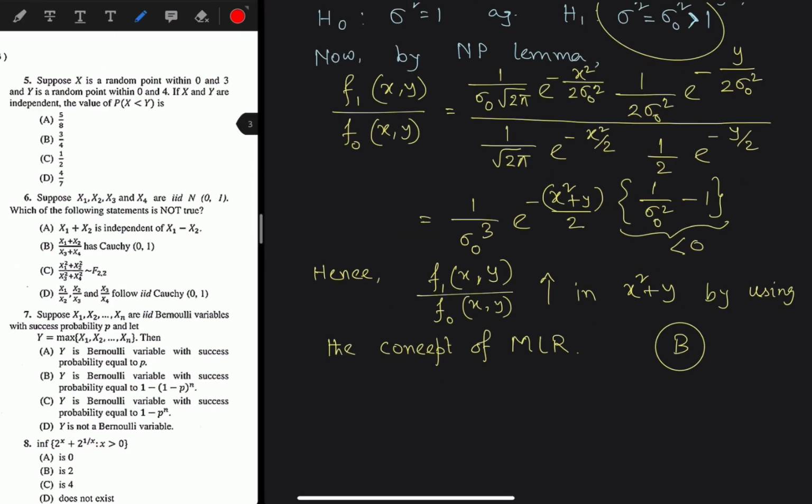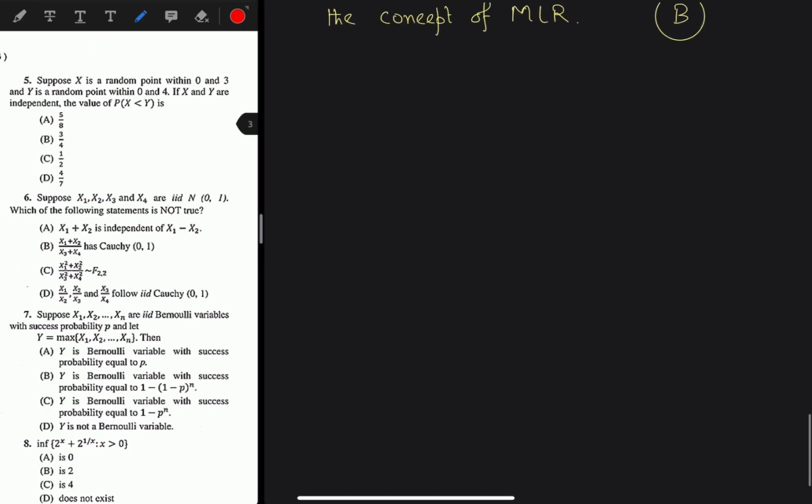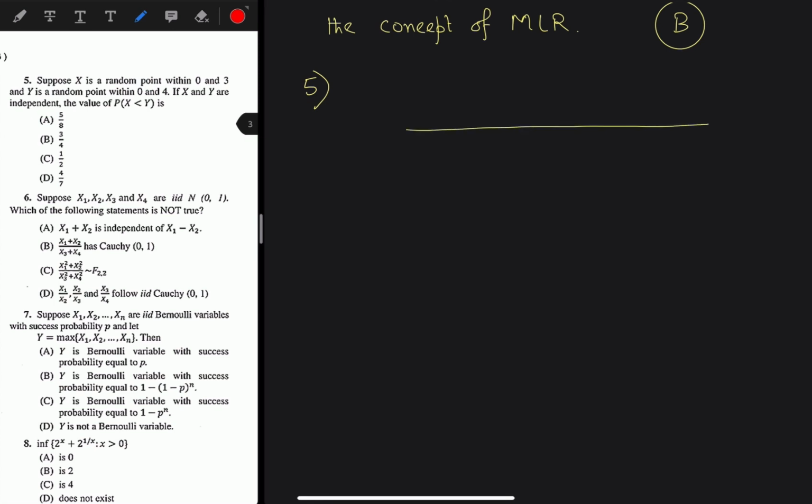So now let's go to the next question, question number 5. In question number 5, we can see that we have a line, let's say from 0 to 3 and here is 4.